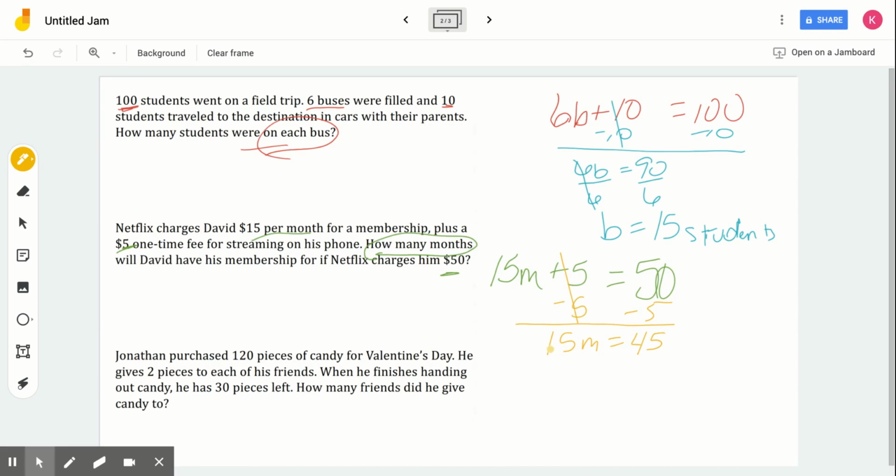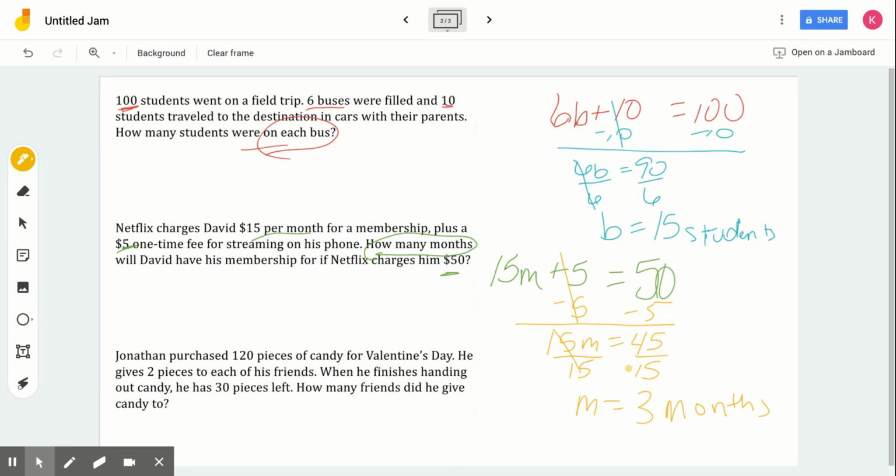And again here, the opposite of multiplying by 15 is to divide by 15. So we're left with m equals 45 divided by 15 is 3. So we can say how many months would he have his membership? He would have it for 3 months.